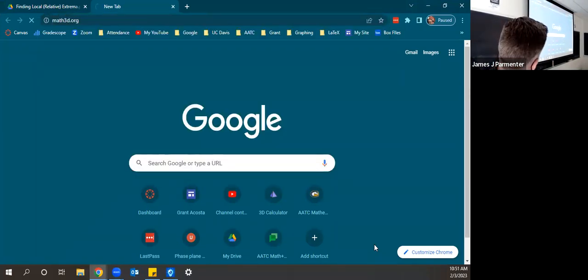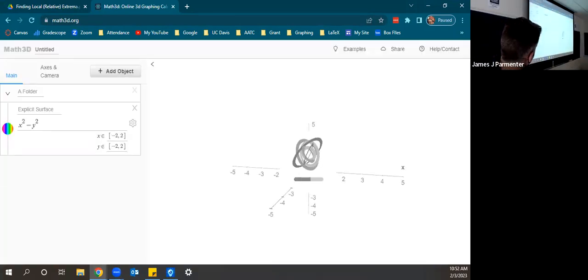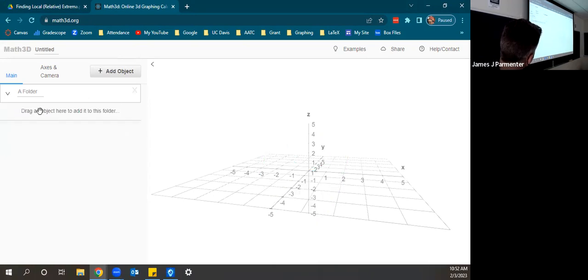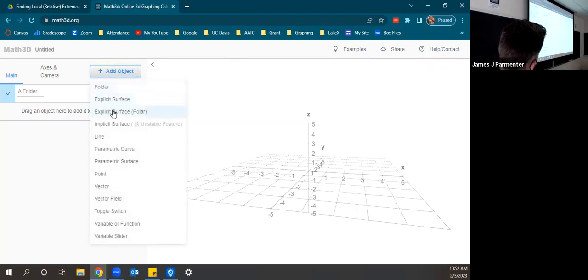If we look at math3d.org, I think we need to graph an implicit surface. I've never used this before, apologies. You should play with this. I want to add this is an unstable feature.